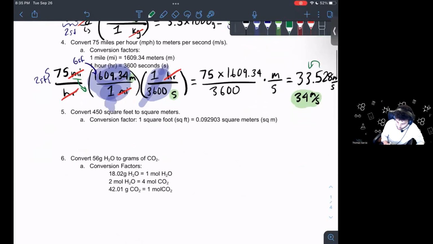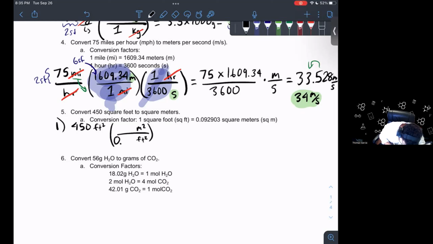And I'm actually going to show you 2 ways to do this. So let's go ahead and do way 1. So 450 square feet or feet squared, same thing. And we're going to go ahead and put feet squared on the bottom and meter squared on top, because square foot and square meters just means feet squared and meter squared.